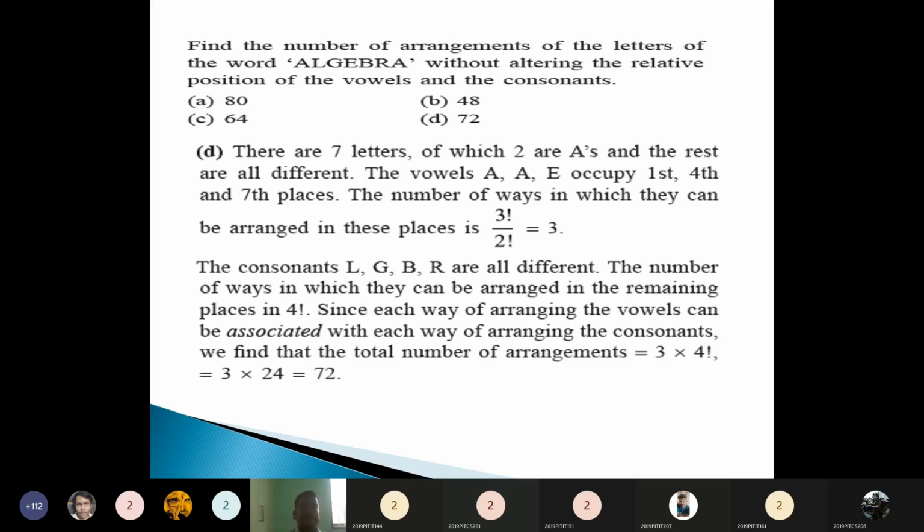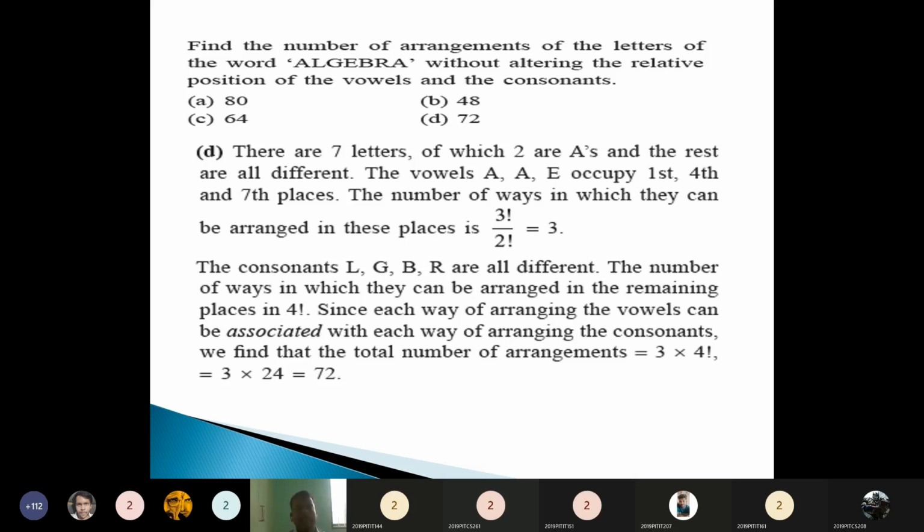Those positions should not change. That means first position vowel, then fourth position vowel, then last position vowel. You should not change that. That's what the condition is.